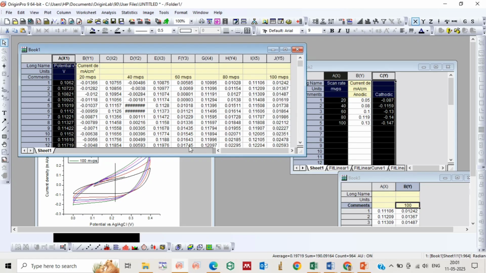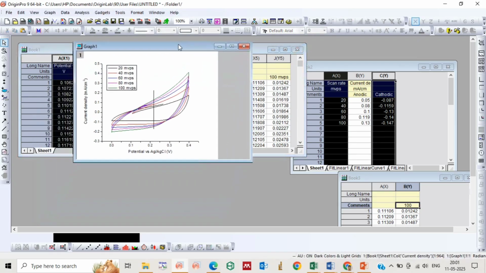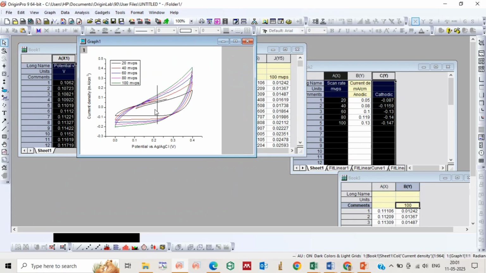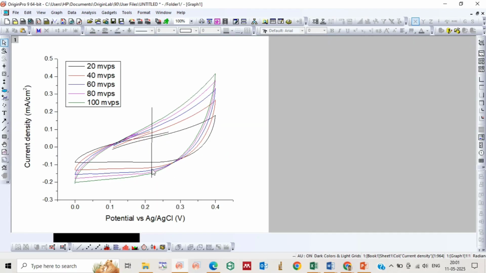And let's plot this. So after plotting we will get this type of graph. Then we need to choose a line over which we will take the current density.